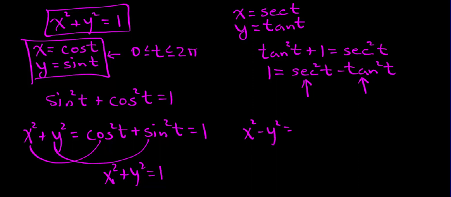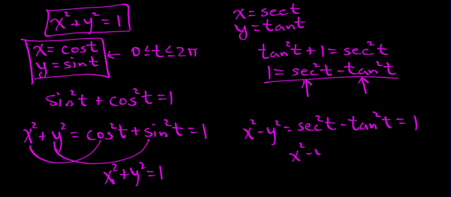Well, that is secant squared t minus tangent squared t, and we know that equals 1. That's the identity right there. So we have x squared minus y squared equals 1, and we have eliminated the parameter. So a lot of times, keeping in mind these Pythagorean identities will help you.